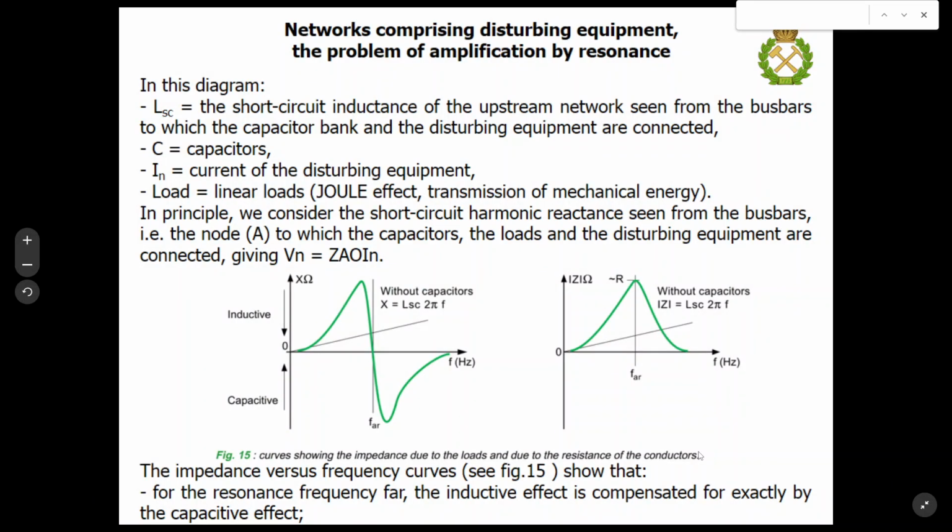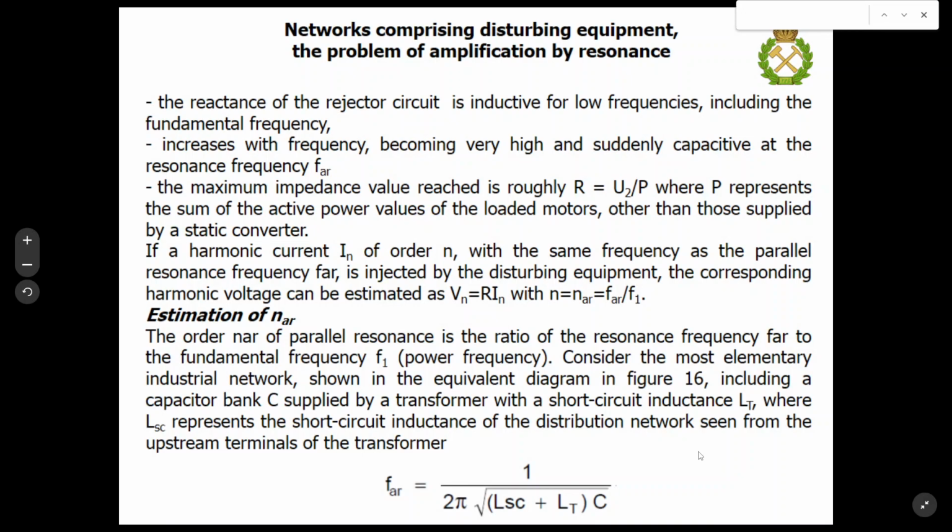And also we should analyze impedance versus frequency curves to detect the frequency of resonance to eliminate harmonics from this frequency. And we should know some basic equations to evaluate the resonance and anti-resonance frequency when we calculate non-sinusoidal modes in our power supply systems.